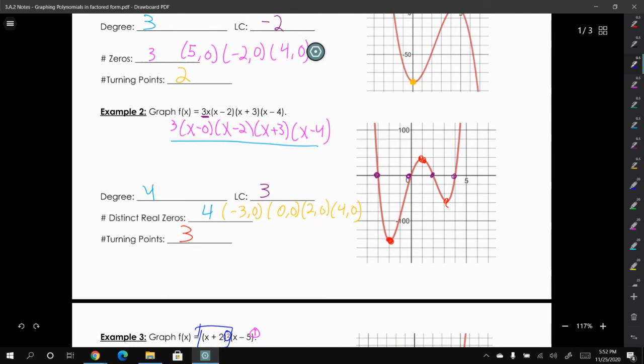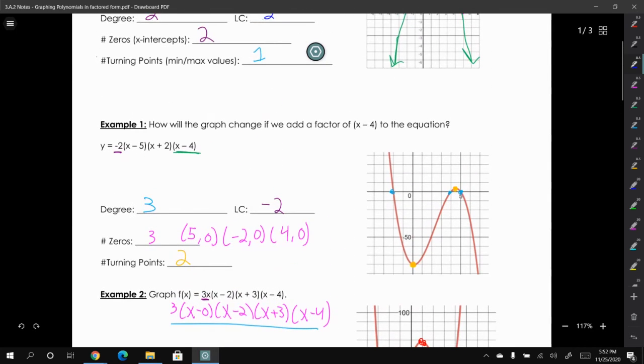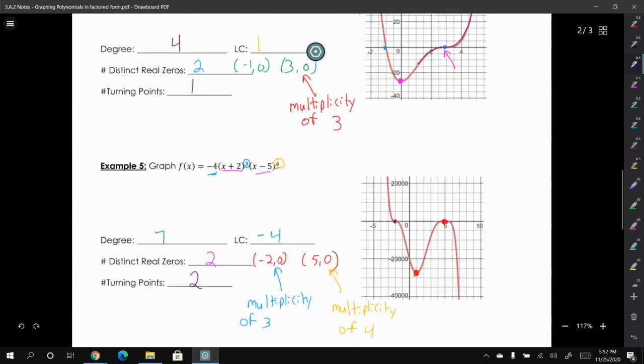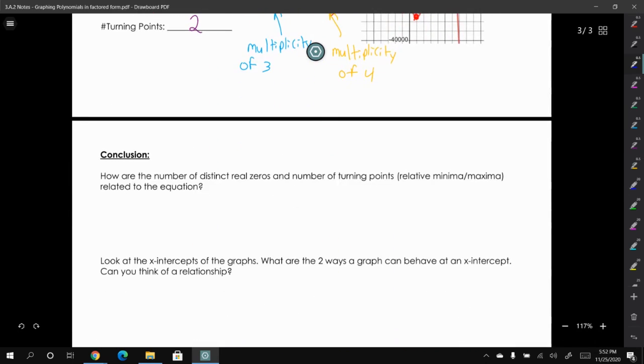Oh, here they're the same, distinct zeros and degree is 4. Example number 1, it was 3 and 3, the degree and number of zeros. So what it looks like is that the number of zeros is always equal to or less than the degree.